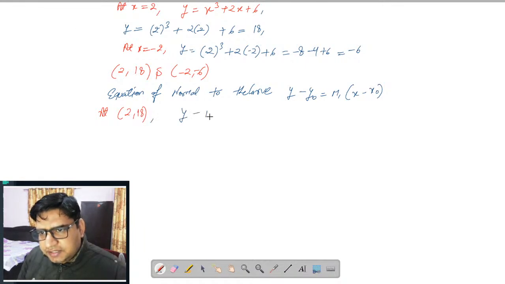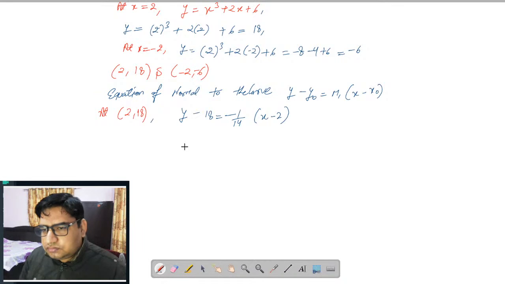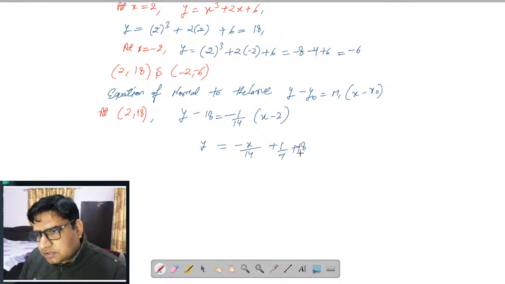so y minus 18 is equal to minus 1 upon 14 into (x minus 2), and if you solve this equation it will be y is equal to minus x by 14 plus 1 by 7 plus 18.